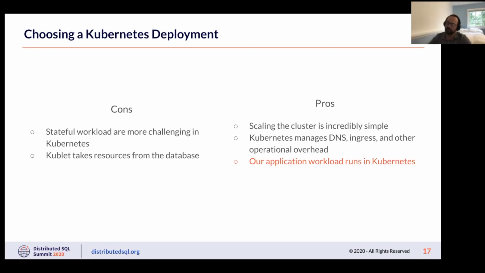And the biggest influencing factor, honestly, for us is that our application workload runs in Kubernetes, and so the access patterns are crystal clear there. The application isolation was given to us innately if we chose Kubernetes. And so that was the biggest influencing factor, and we decided to go for a Kubernetes deployment of YugabyteDB.